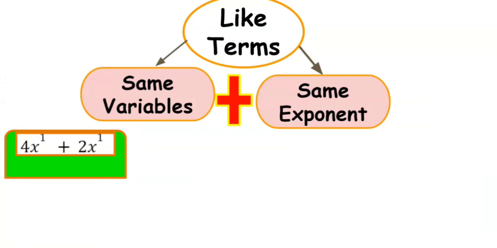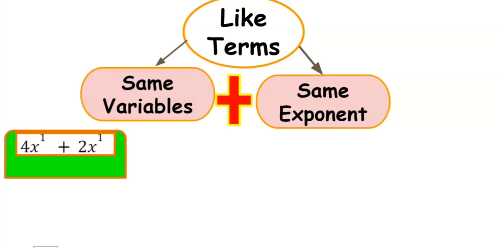So let's look at some more examples. For them to be like terms, the same variable and the same exponent. So let's look at 4x to the first power plus 2x to the first power. In both of these examples, the variable is an x term and the power is 1.